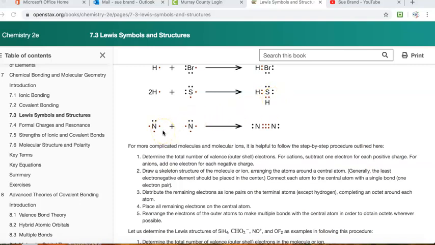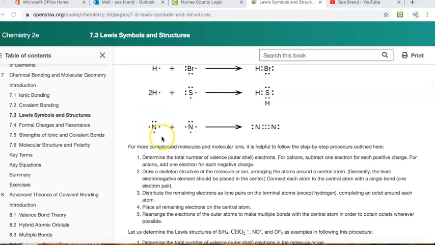So here we have 2 nitrogen atoms. They each have 5 valence electrons. So you can't get to a point where they're each going to have 8 with a single bond, because basically each needs 3 more.